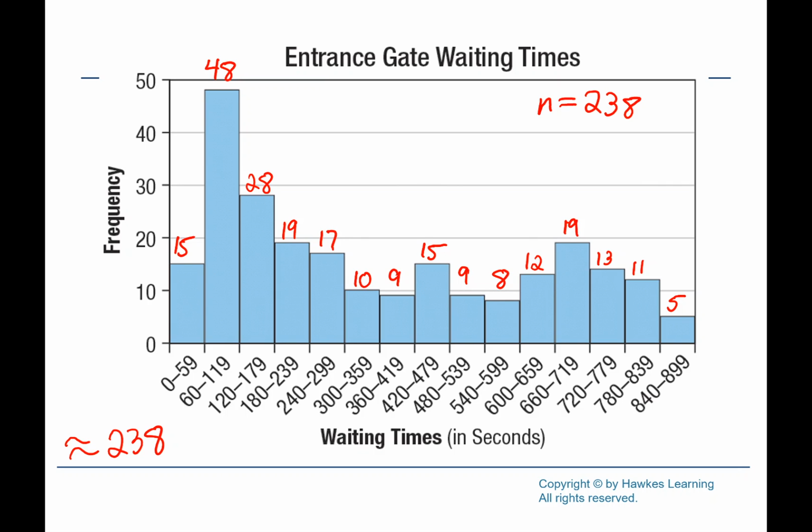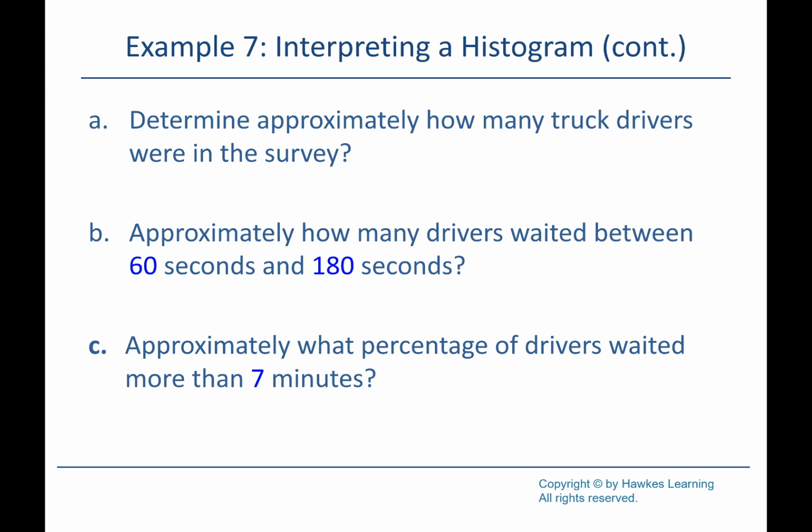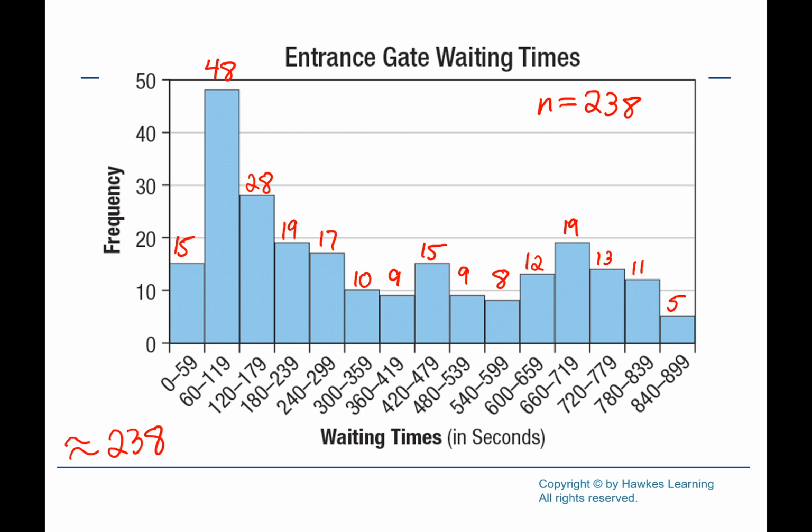Let's see, B says approximately how many drivers waited between 60 seconds and 180 seconds. So 60 starts at the second bar, and then 180 goes up to the fourth bar. So we really want the second and the third bar.